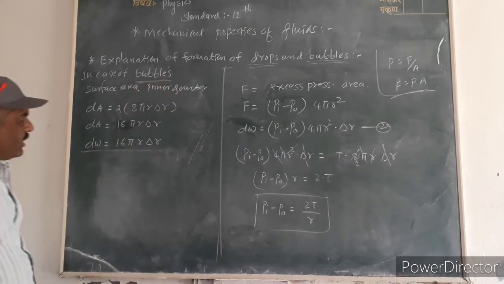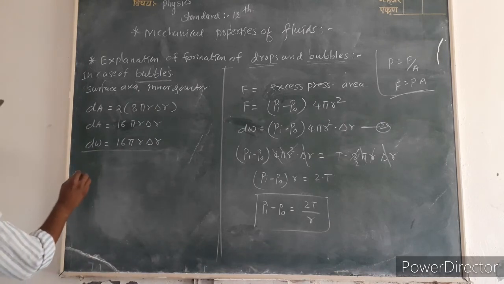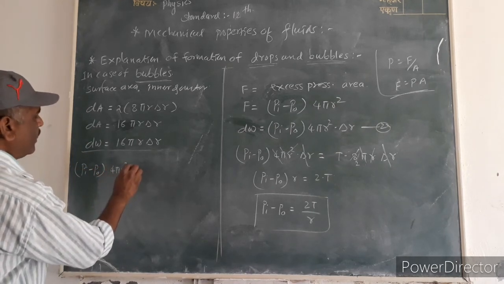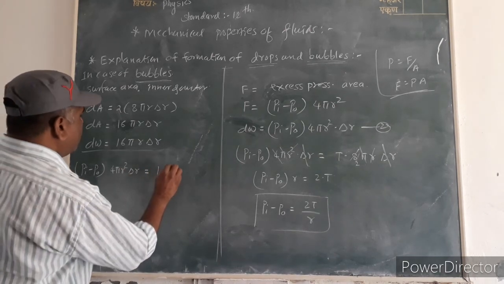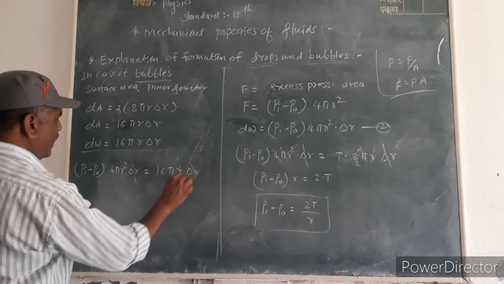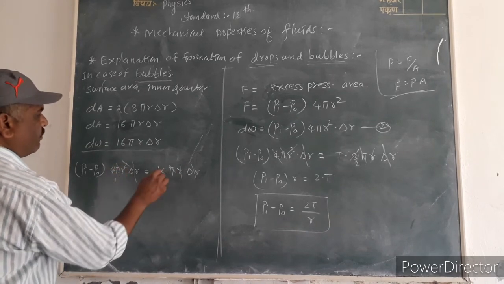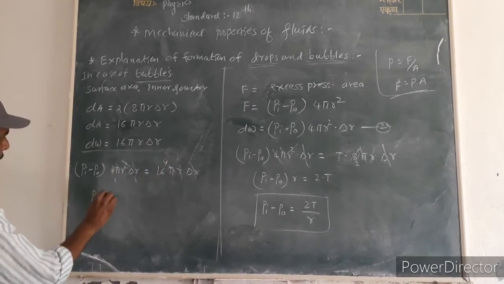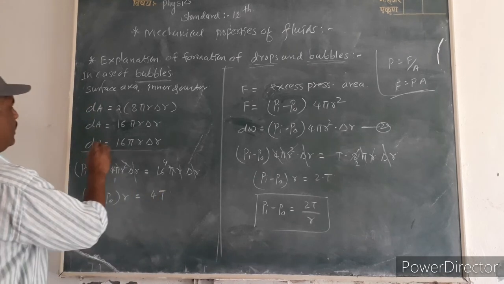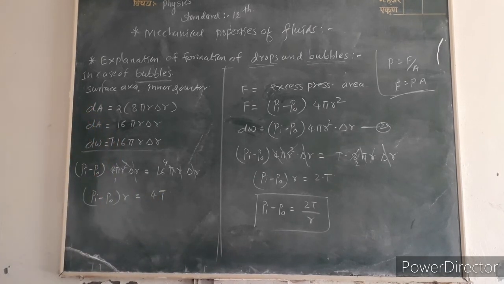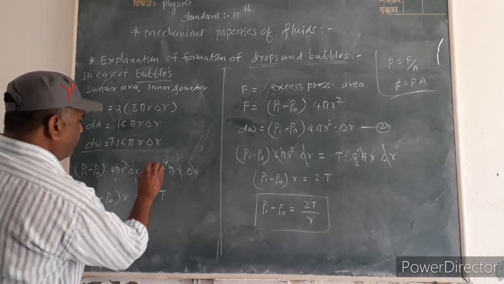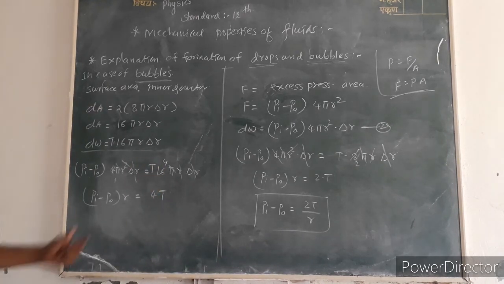Therefore, compare this work done with Pi minus P0 into 4 pi R square into delta R, which is equal to T into 16 pi R into delta R. Again, delta R cancels, R cancels, pi cancels, 4 and 16 give 1 and 4.